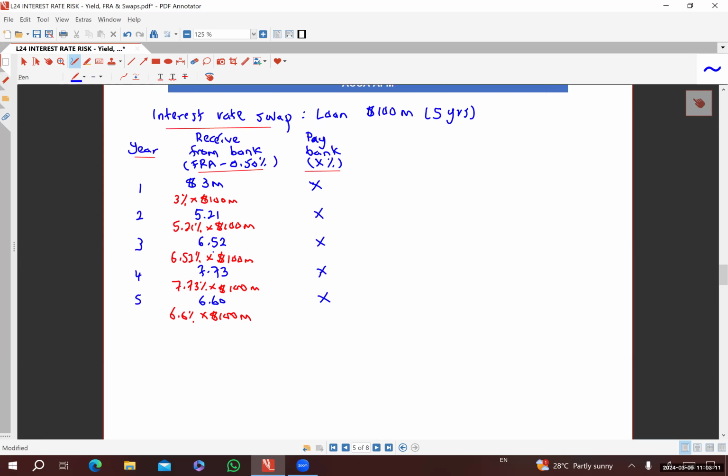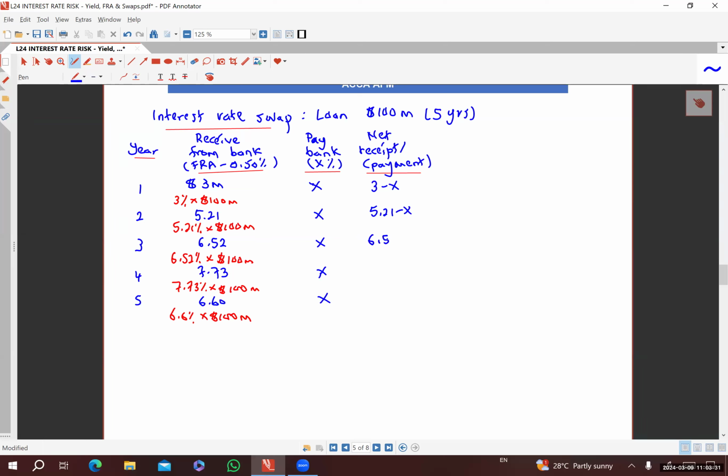The net receipt of payment: 3 minus X, 5.21 minus X, 6.52 minus X, 7.73 minus X, 6.6 minus X.